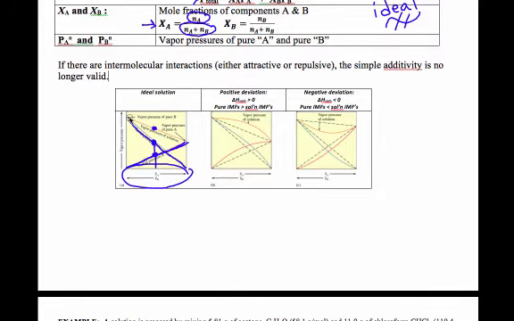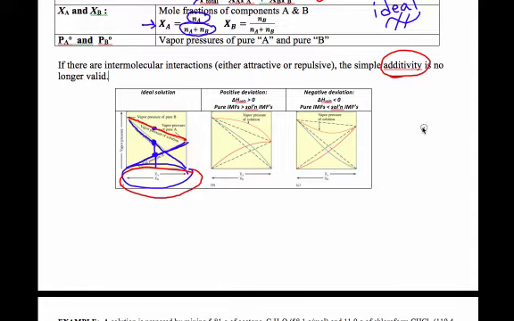So this is representing the partial pressure of the mixture as the mole fractions are varied. So if it's ideal, it's a simple additivity of the partial pressures relative to their mole fraction. So you can think of it as a weighted average based on their mole fractions.